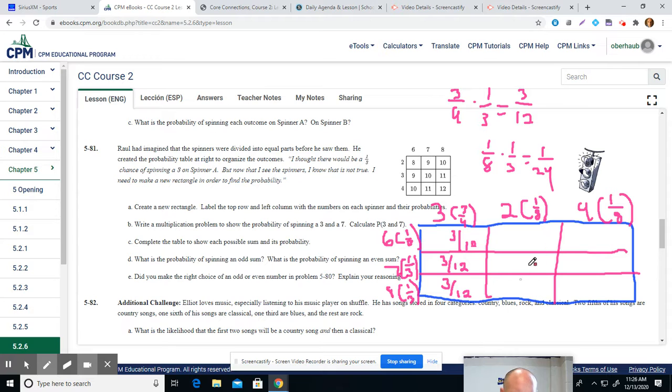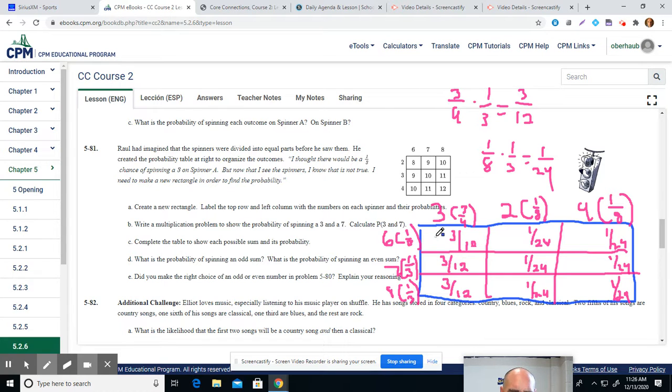So all of these columns are going to be 1/24, because every single one of these is 1/8 times a third.